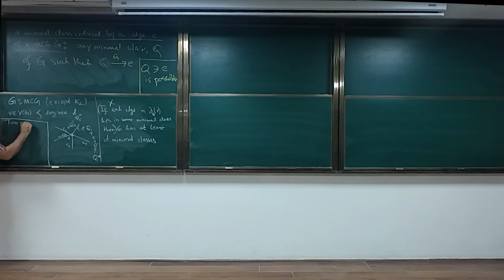Two equivalence classes Q1 and Q2 of a matching covered graph G are mutually exclusive, and therefore distinct from each other, if there is no perfect matching that contains the union.